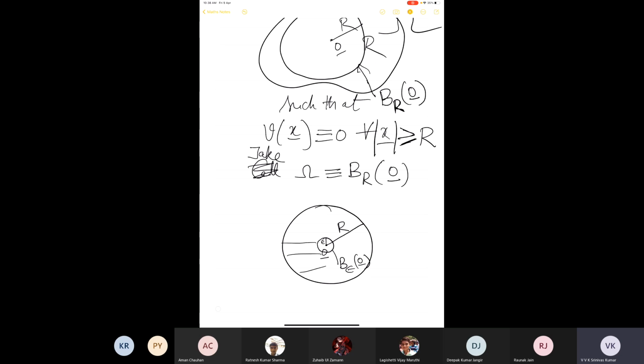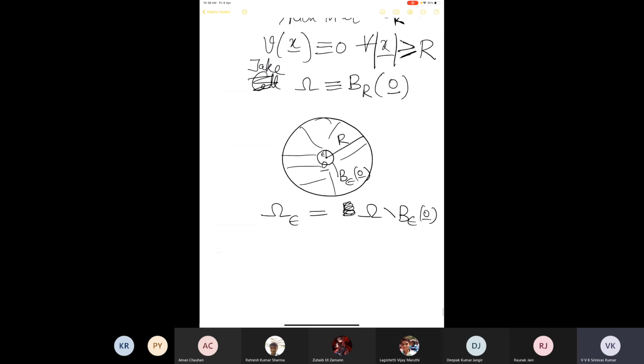Now take the annular region: omega epsilon is equal to omega minus B epsilon of 0. So on omega epsilon, K of mod x is smooth. There is no singularity.